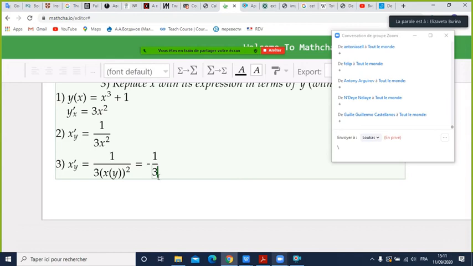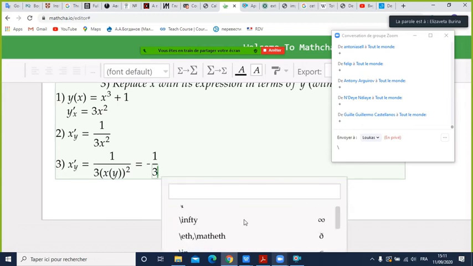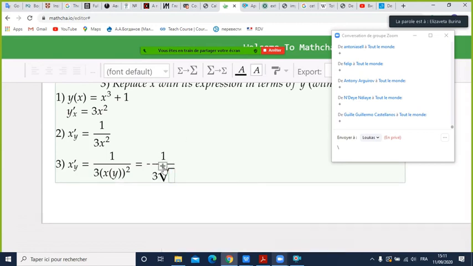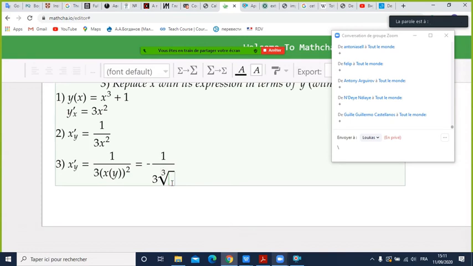So instead of x, we write the function of x in terms of y, and it was supposed to be squared later on. So the expression is the cubic root of y minus 1, and if we square it, we're going to get y minus 1 and squared, right?